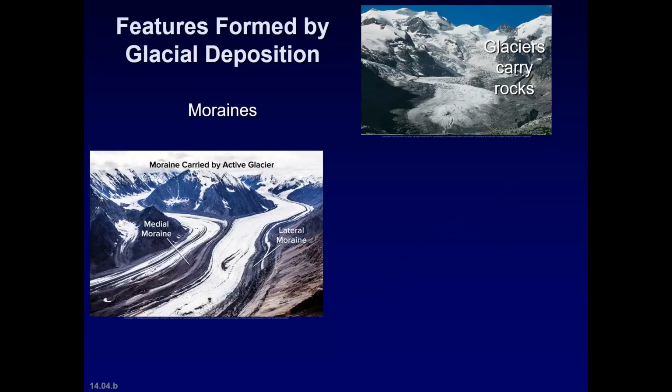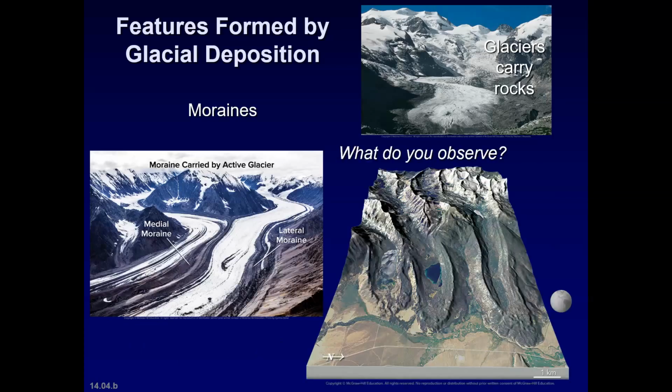So features formed by glacial deposition, again, include moraines. You can have a moraine in the middle. You can have it lateral to the glacier, or you can have it at the terminus. And we know that glaciers carry rocks. So looking at this, what do you observe?